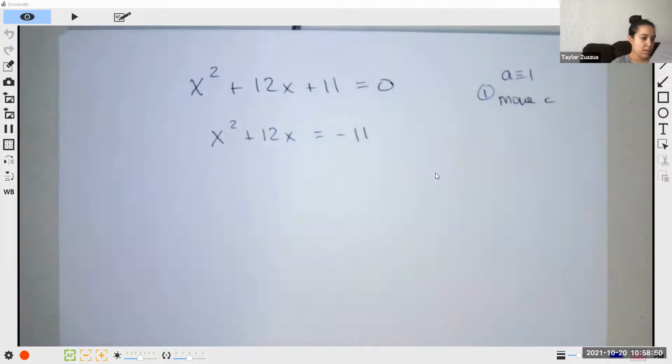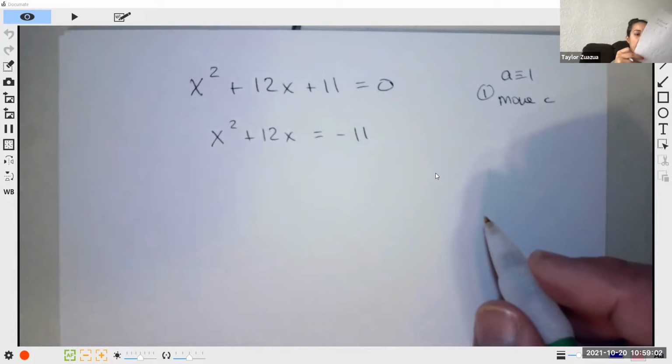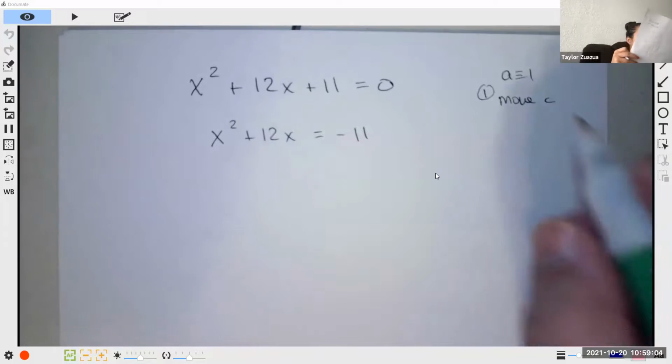And then add b over 2 squared to both sides.